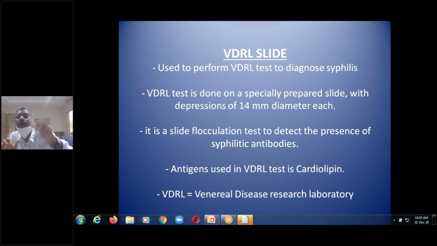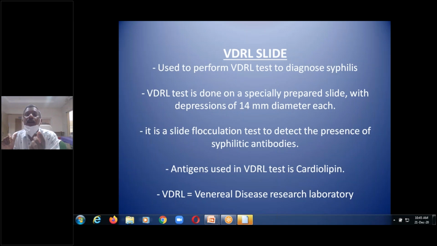We can observe the antigen antibody reaction in the depression, where we can see the precipitation or flocculation of the particular test. That is why there are 12 depressions. We can do 12 tests at a time in this slide. This slide is called the VDRL slide.